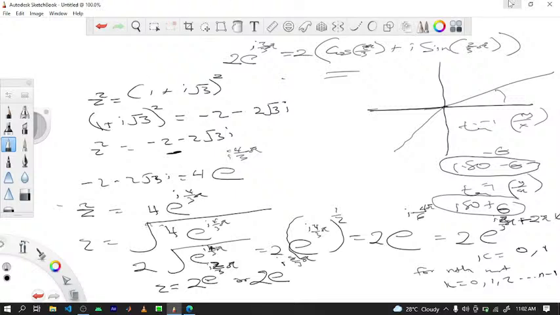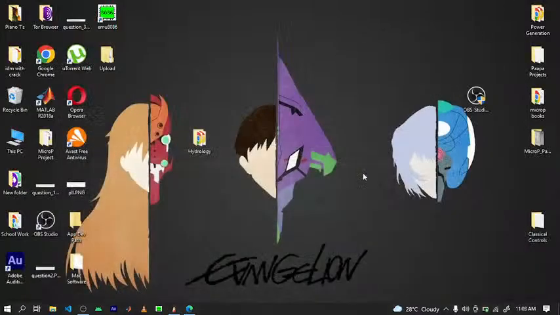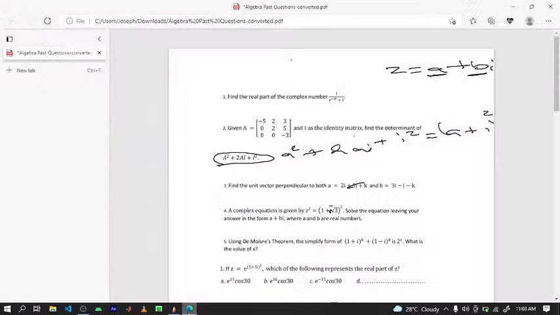Okay, so for the next question, using De Moivre's theorem, we are supposed to simplify what we have over there. So we have 1 plus i all to the power 8 plus 1 minus i all to the power 8, right? Okay, so let's do that quickly.